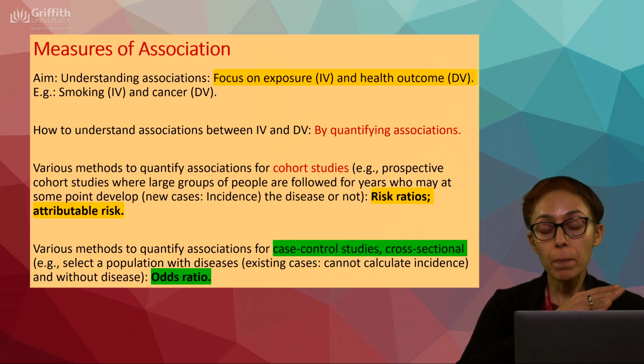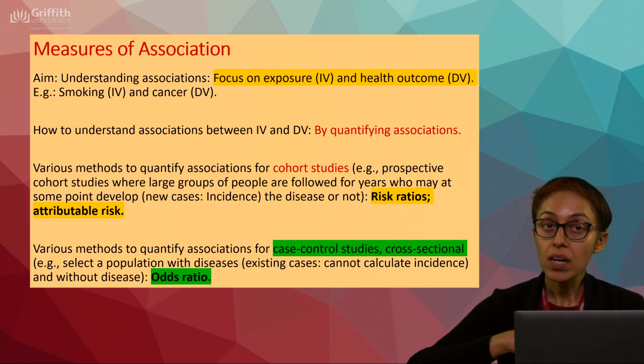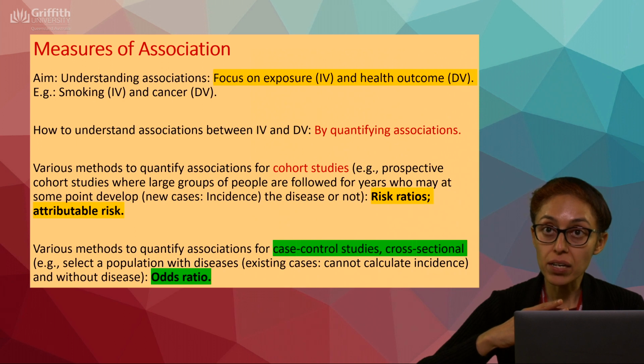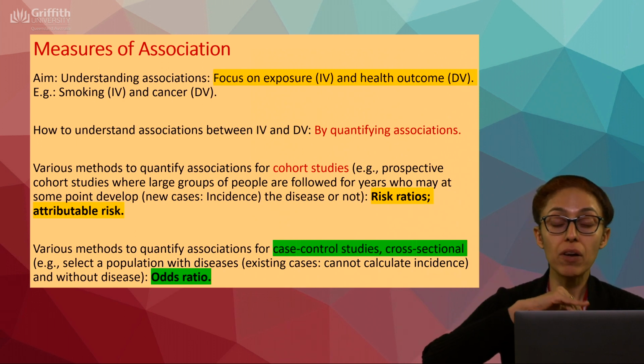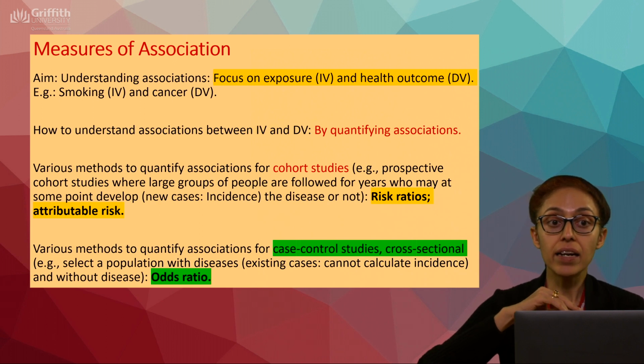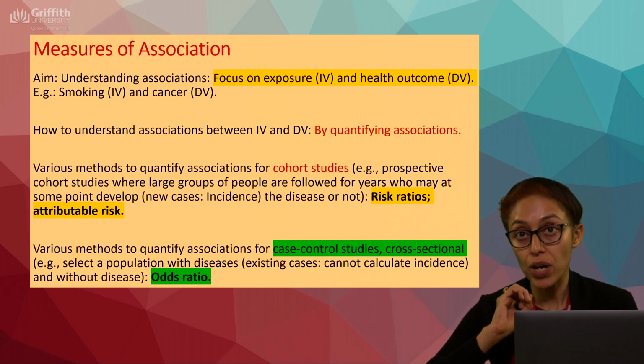When you follow people for a prolonged period of time and then they develop the health condition of your interest during the time of your study, meaning you followed people for 10 years and they developed cancer, or they developed cardiovascular disease, or they developed type 2 diabetes.